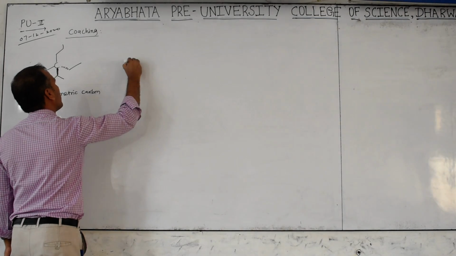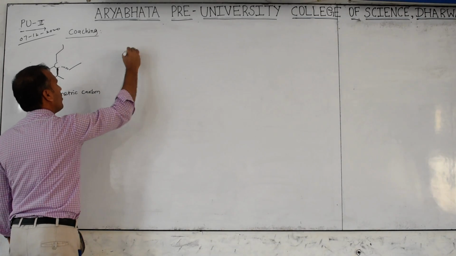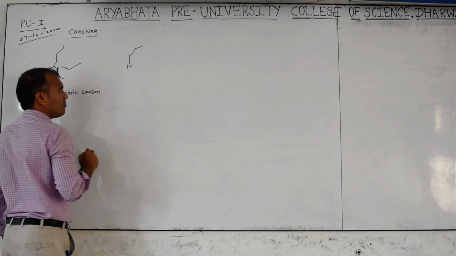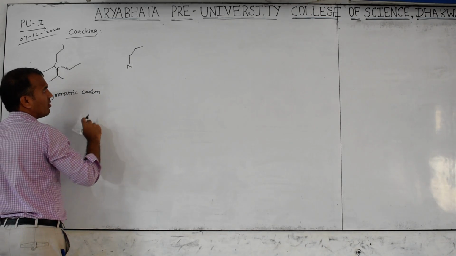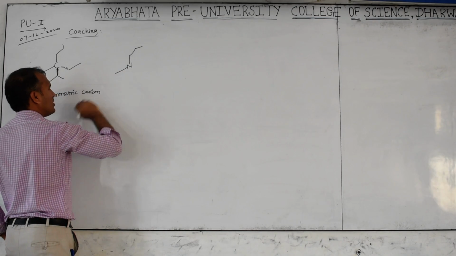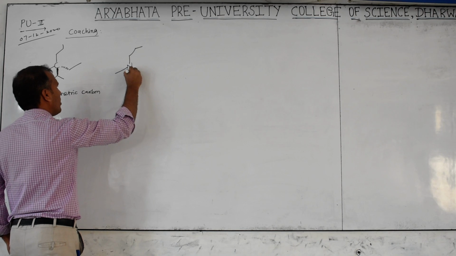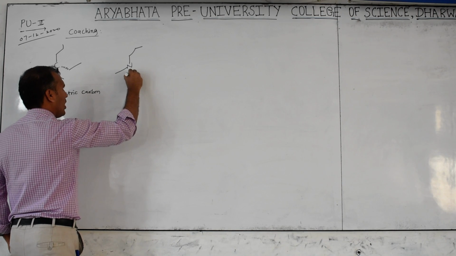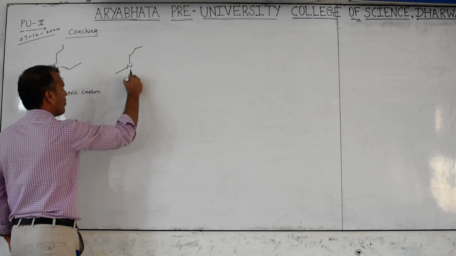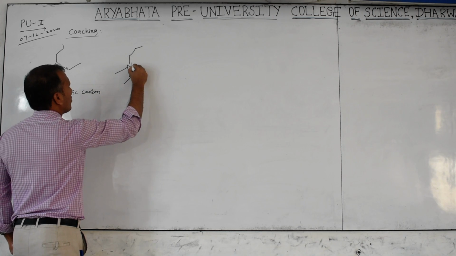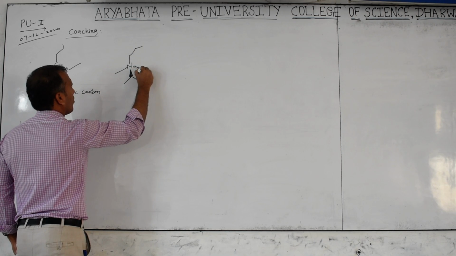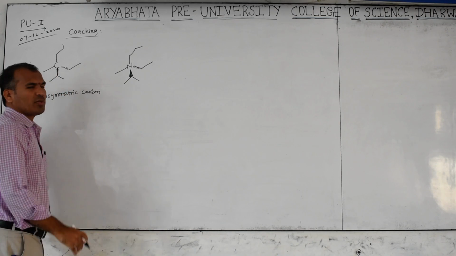Same here. Three means propyl. This is methyl. Same, this is isopropyl. This is called ethyl. How many groups are there?